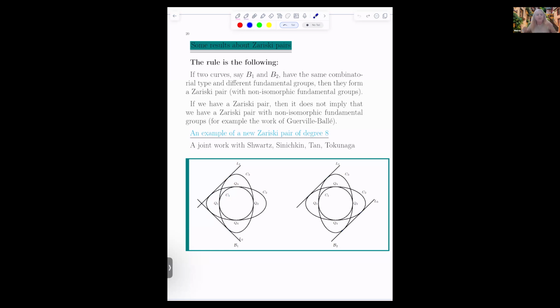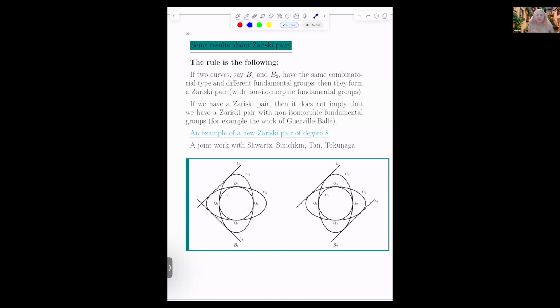So now, for example, we try to make a big tree, and how we divide all the cases. It's very, very complicated because you must make sure that you keep the rules of Zariski pairs, or you keep the rules of correspondence from one picture to another. But it doesn't mean that you will have a Zariski pair.